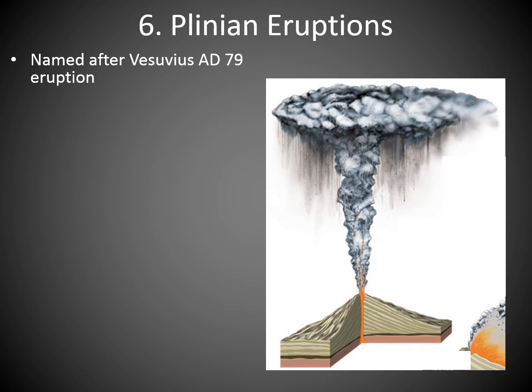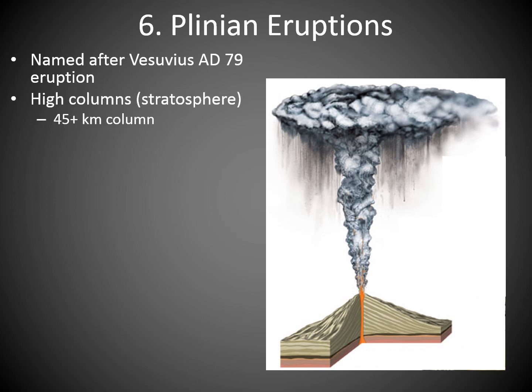This eruption was witnessed by Pliny the Younger, who was a philosopher, and a disciple of his uncle, Pliny the Elder, who was actually killed during this eruption. So in respect for the Plinies, we call it Plinian eruptions. These are scary eruptions. Really high columns, up into the stratosphere.